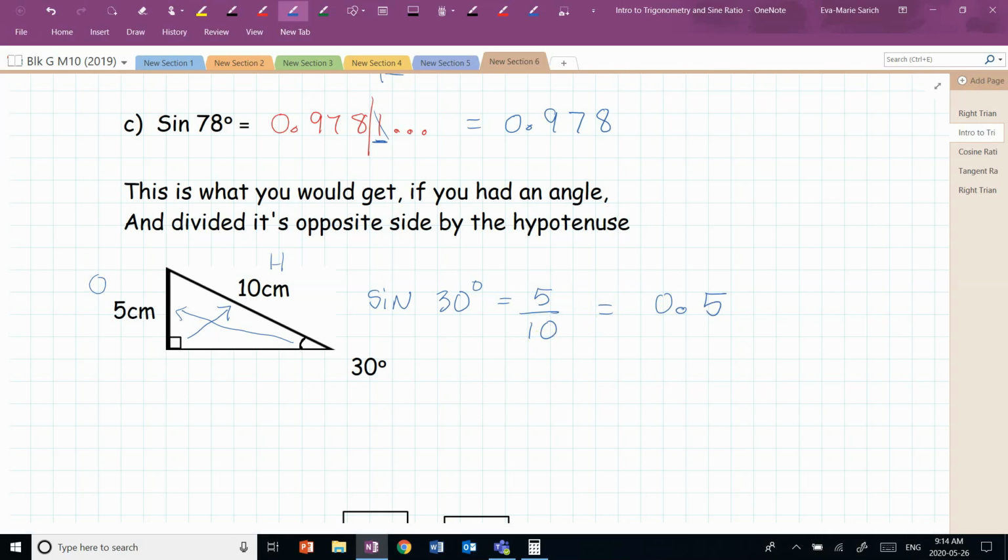So any 30-degree angle, if you take the opposite and you divide it by the hypotenuse, you always get 0.5.